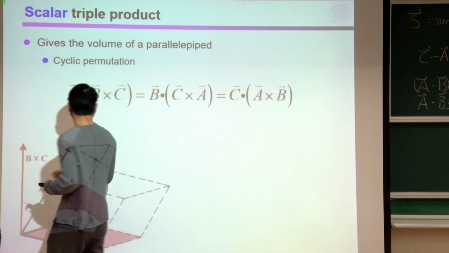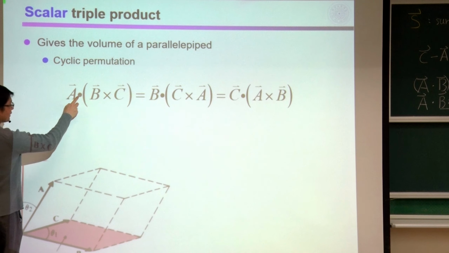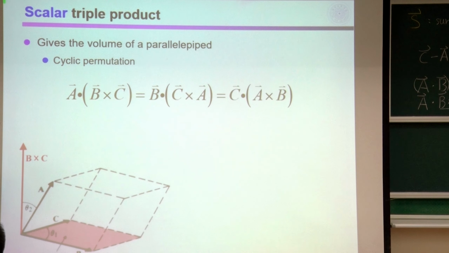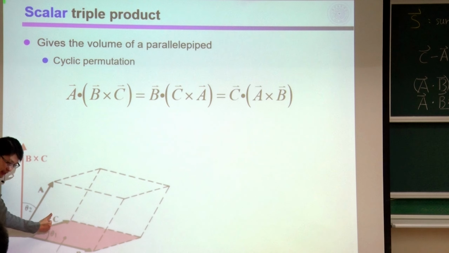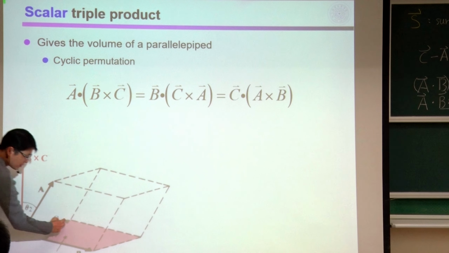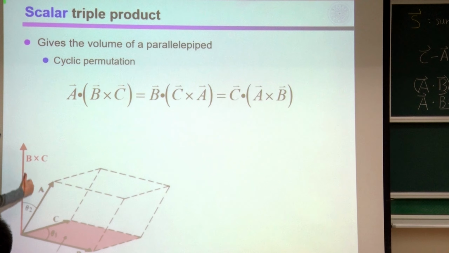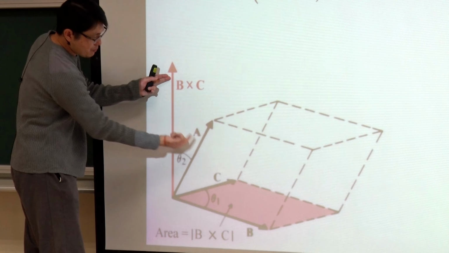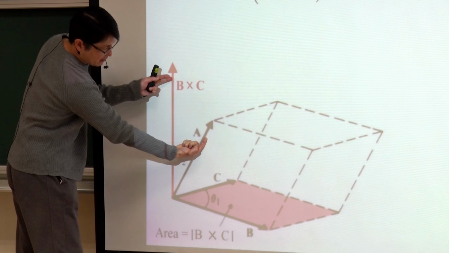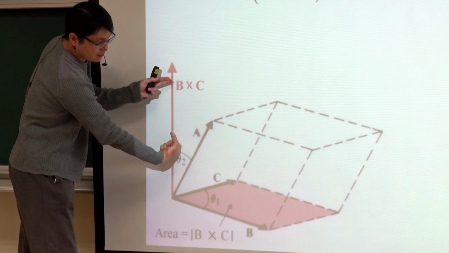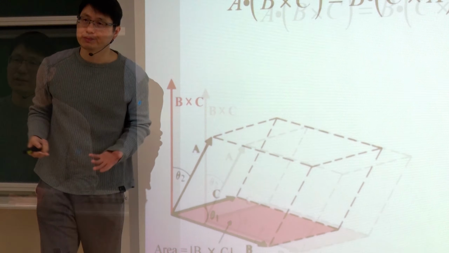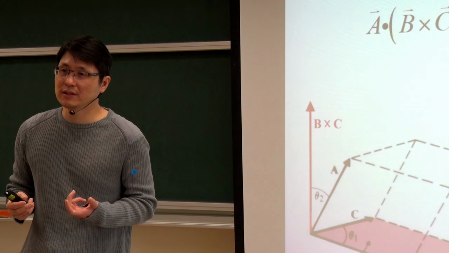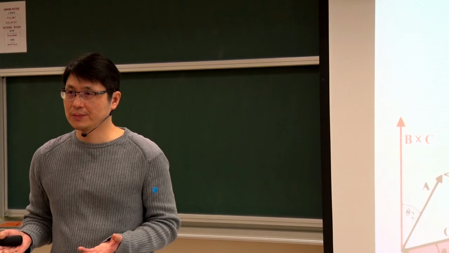Why? For example, we look at this one, A dot B cross C. B cross C, if you remember, is the area with certain direction. It's basically a surface. And now you make the dot product of A with this B cross C, you're calculating the volume. And volume, 体积, is a scalar.